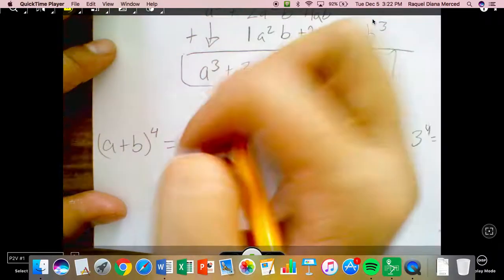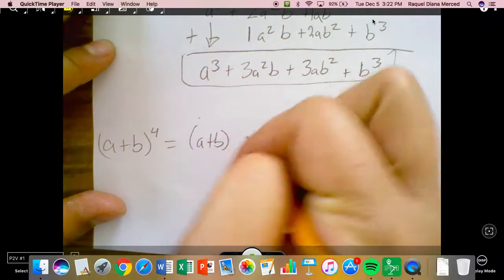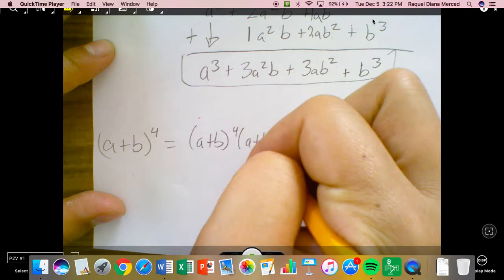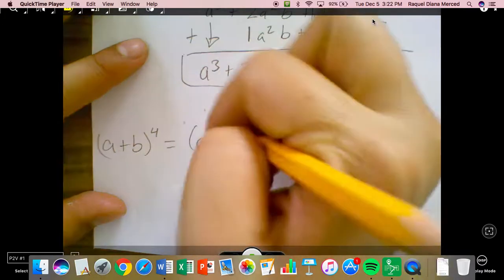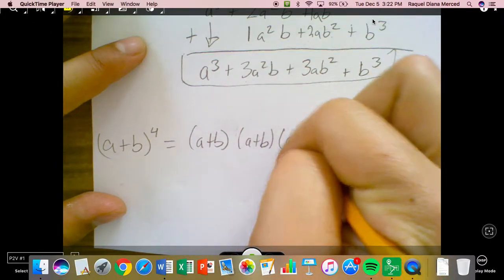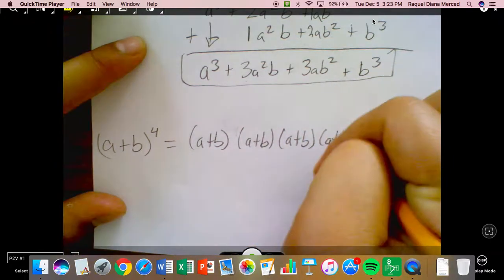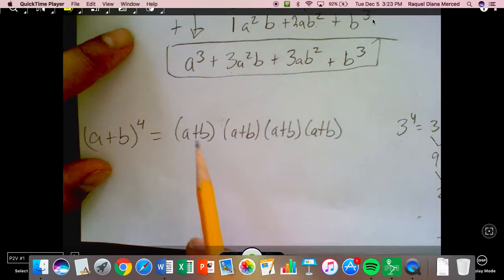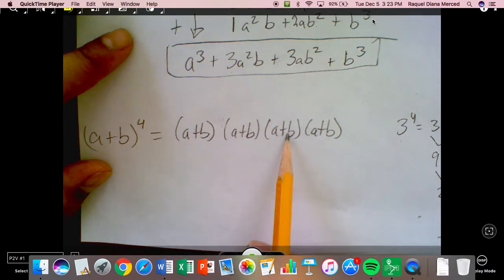Okay? Same idea here. You're doing a plus b to the fourth: a plus b times a plus b, times a plus b times a plus b. I would not suggest trying to multiply a plus b with this binomial and this binomial and this binomial. That will get really confusing.